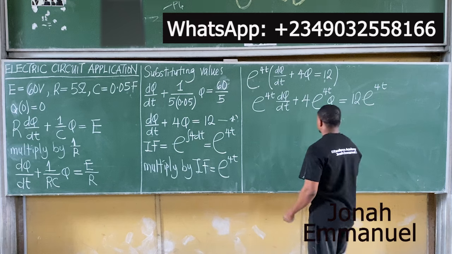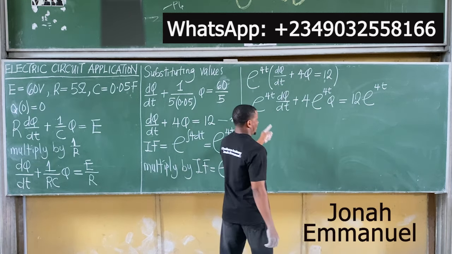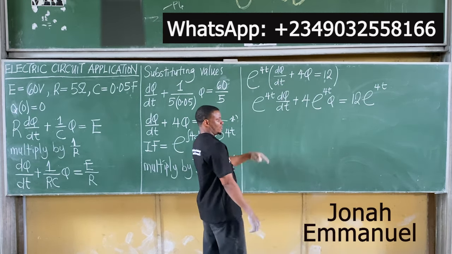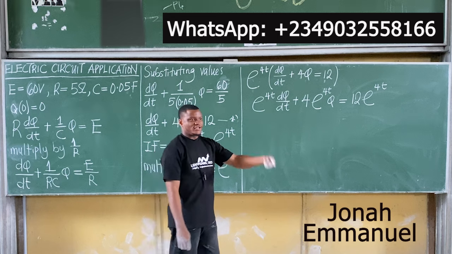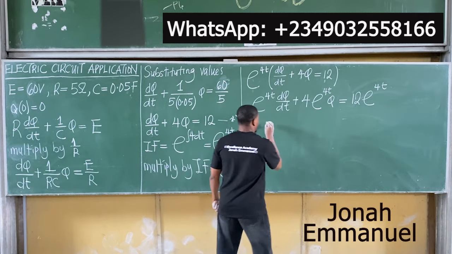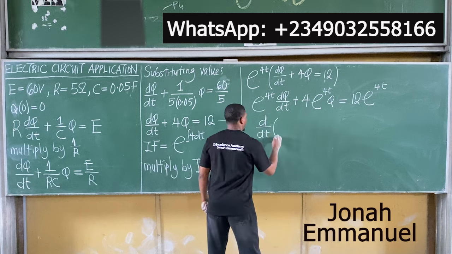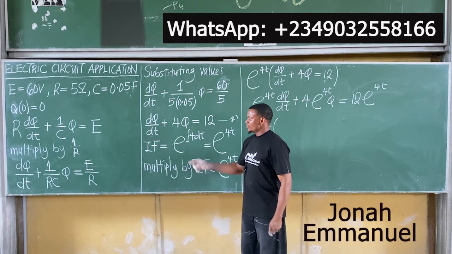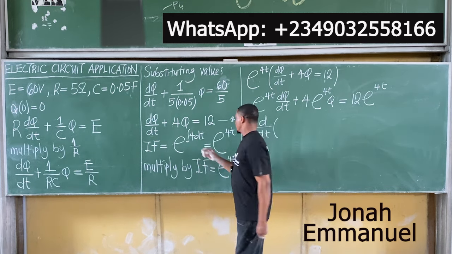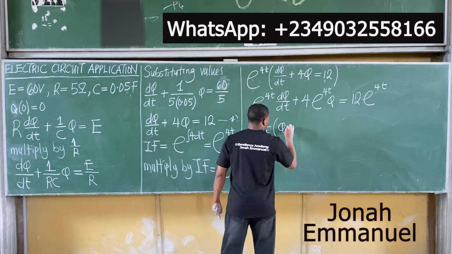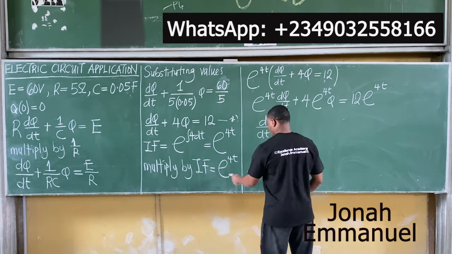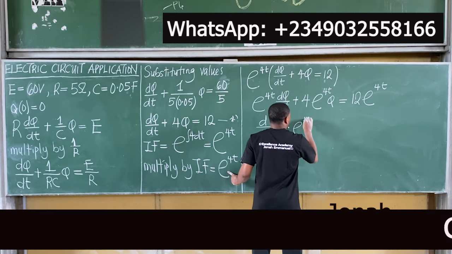So you have this. We've said what we did, a first order non-homogeneous ordinary differential equation. This left side becomes d over dt of what? What's the variable here? Q. Q times your integrating factor, exponential 4t.